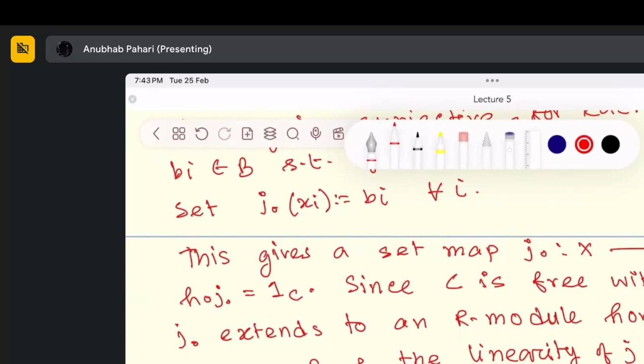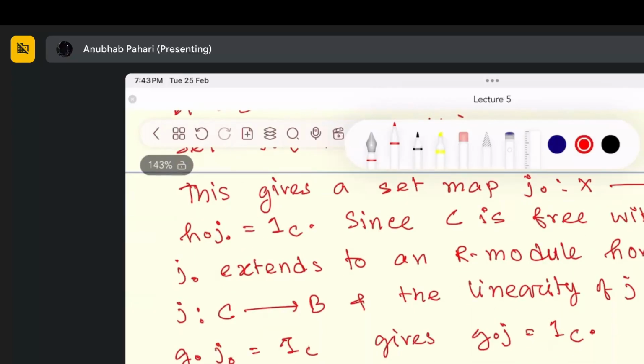So that b minus J of g of b is in the kernel of g, which equals the image of f.